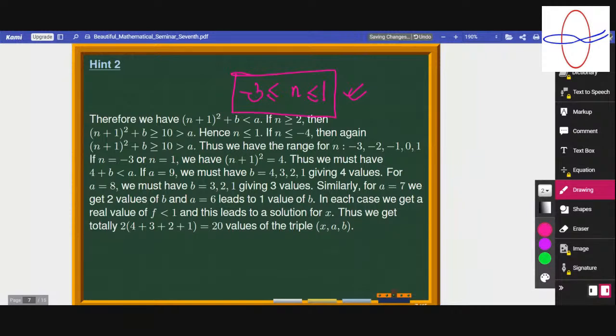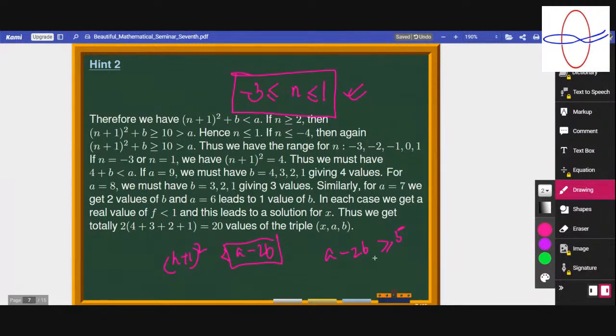Okay, so n plus 1 whole square is less than a minus 2b. Okay, so if you put n equal to, observe, just put n equal to 1, what do you get? 4. N equal to minus 3, you get 4. Therefore a minus 2b must be greater than or equal to 5.